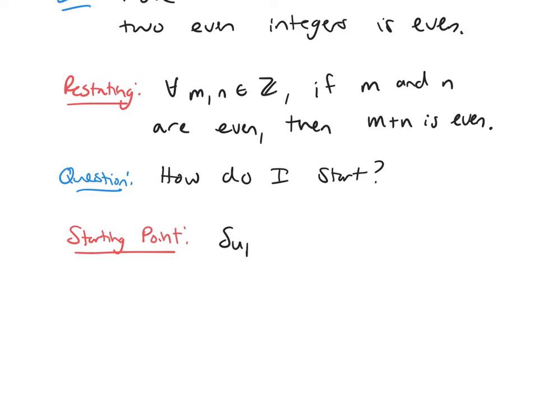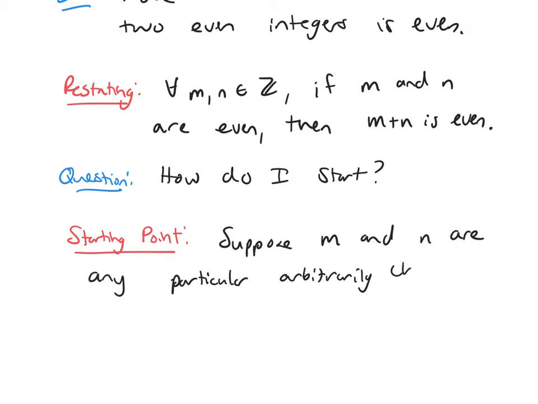You're going to suppose that M and N are any particular arbitrarily chosen integers that are even. So you're assuming that they're particular, but you're also assuming that they're arbitrary integers that are even. So that tells you how you're going to start.